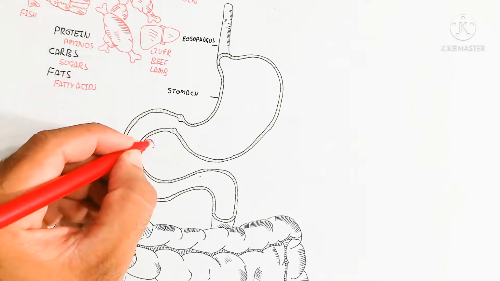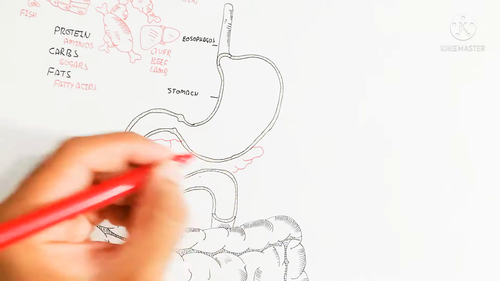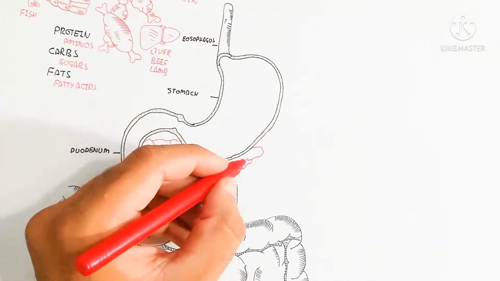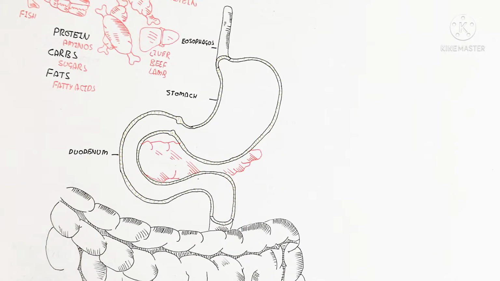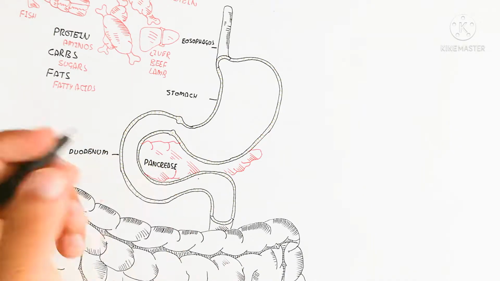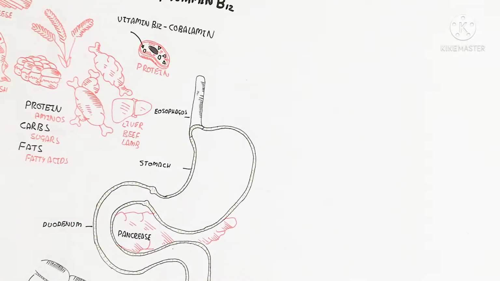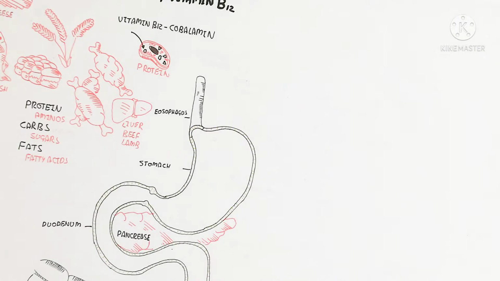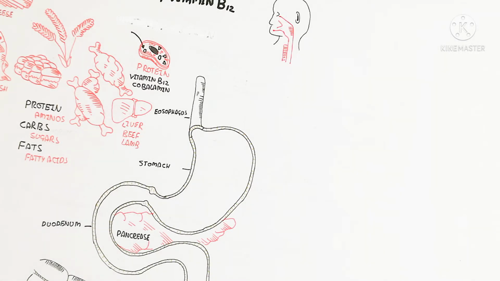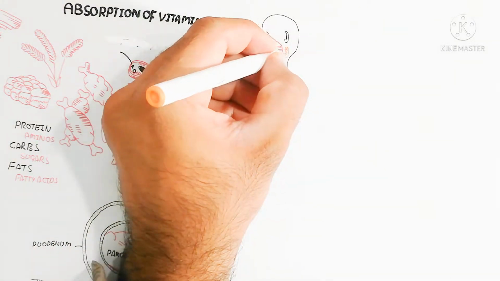Here is the stomach, which connects to the esophagus and the duodenum, and here is the pancreas, which produces amylase and protease enzymes. The salivary glands in the oral cavity produce haptocorrin.